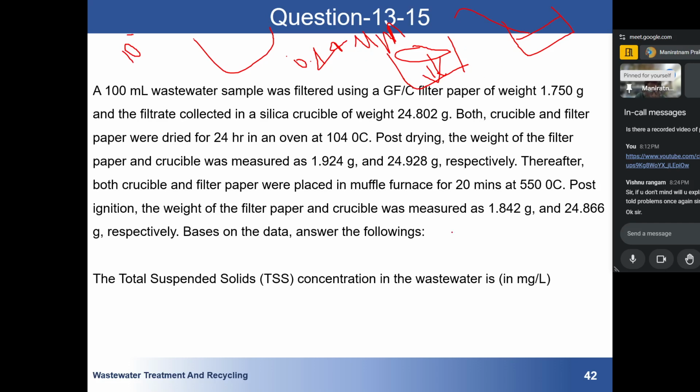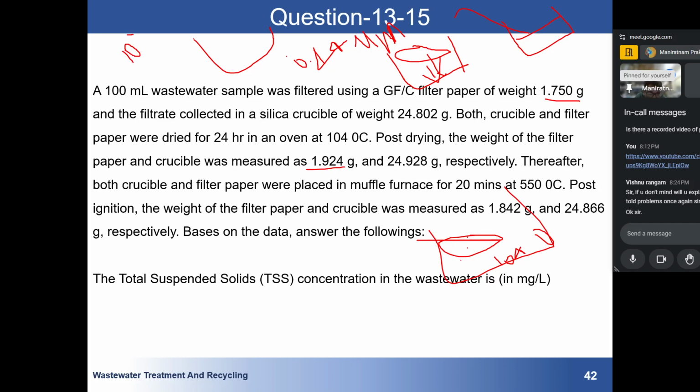Now we will collect this filter paper containing suspended solid, and keep it in a dry oven at a temperature of 104 degrees Celsius for 24 hours. Initially I measured it; it was coming out to be 1.750 gram. After 24 hours, we measured it, and we found that the weight was 1.92 gram.